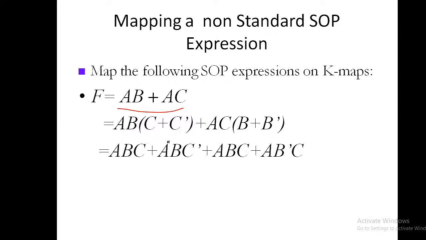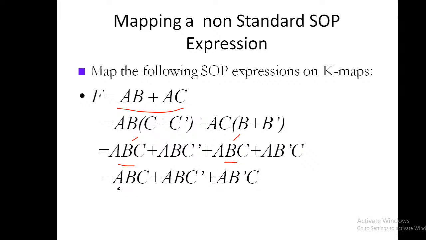Okay, like this way. And if you have ABC and ABC twice, you will write it once. In one example I told you, if the terms are repetitive, I should not add 2 ABC, right? Like normal algebra, ABC plus ABC will be a single term. So you can write it this way.